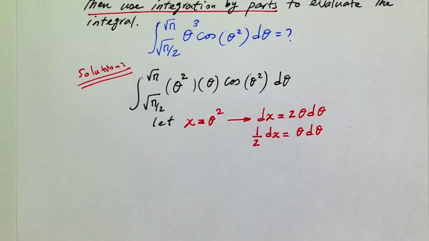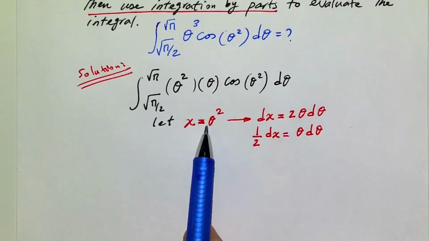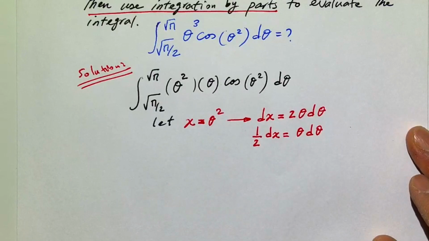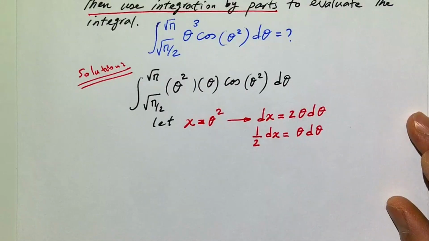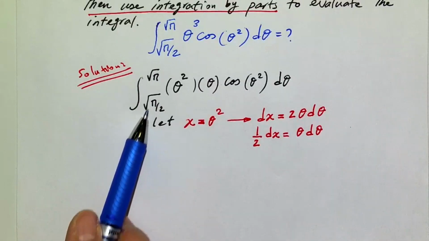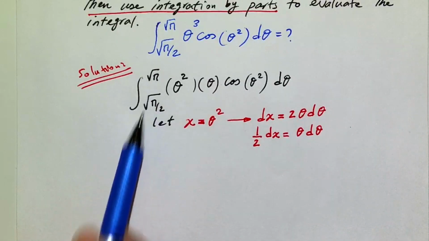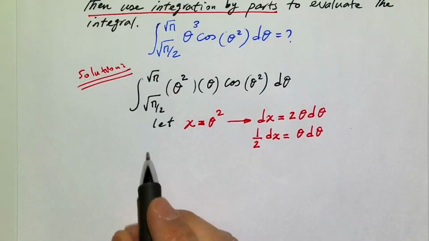Okay, so now let's substitute, but if we're going to substitute x for theta squared, guess what happens? What else do we need to do? We talked about this in Calculus 1 extensively, and the first example that I gave as a refresher at the beginning of this lesson dealt with that too. Whenever we're using substitution, we need to recalculate the limits of integration.